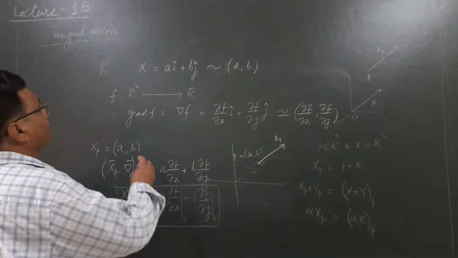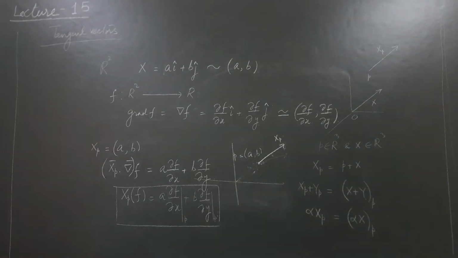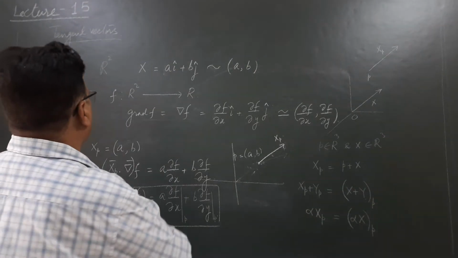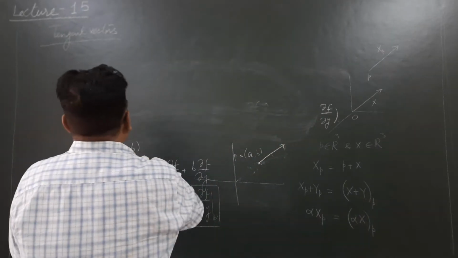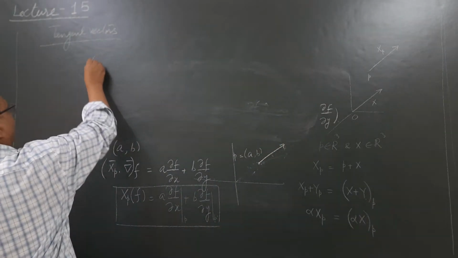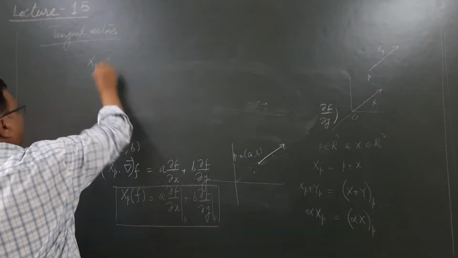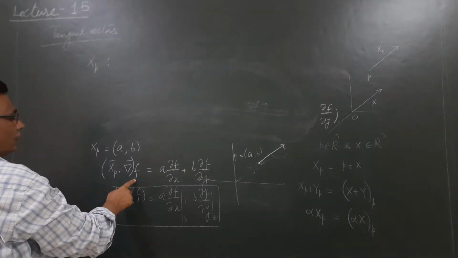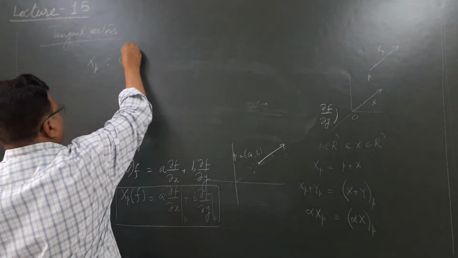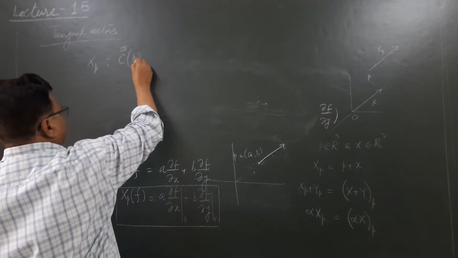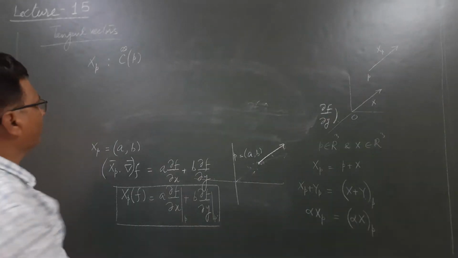So I can regard my vector, instead of saying that this is a directed line segment, I will rather say it differently. We can view Xp as a map which operates on what? On differentiable functions. So the space of differentiable functions is C infinity(p). Okay?